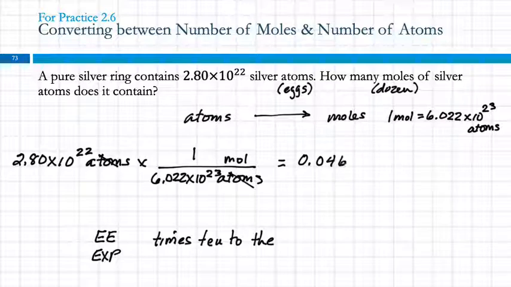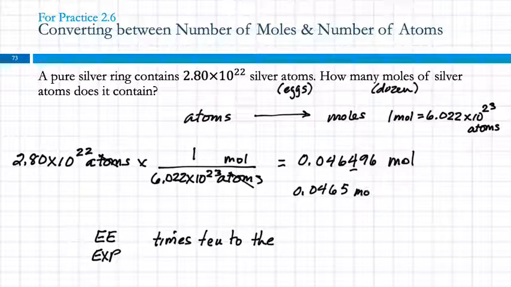So 4, 6, 4, there's 3, and I'm going to write down 2 extras. And the unit is mole. Avogadro's number here is not exact, but it's 4 sig figs. And what we're starting with is 3. So then this would round to 0.0465 moles.